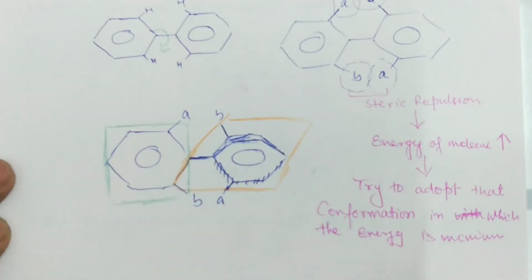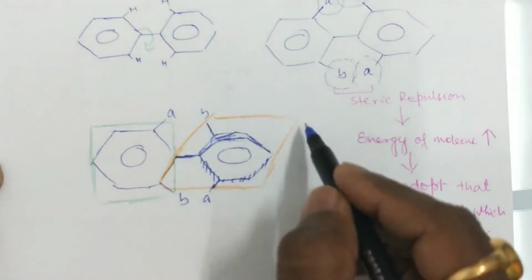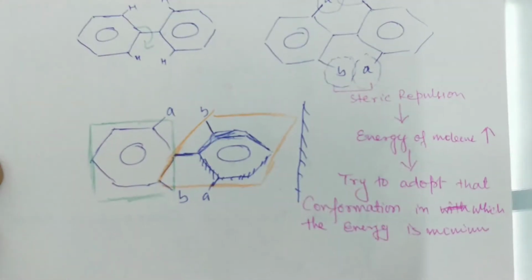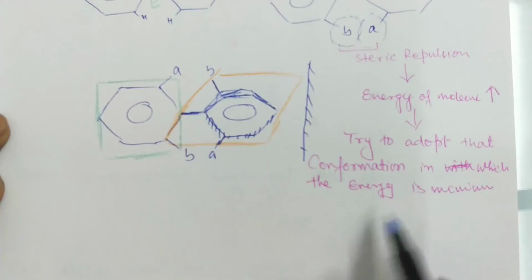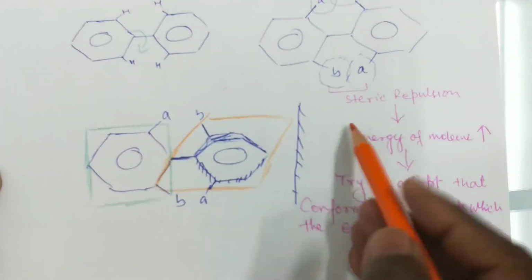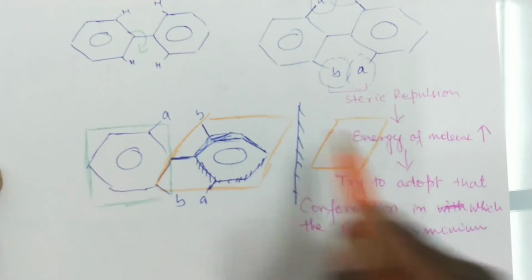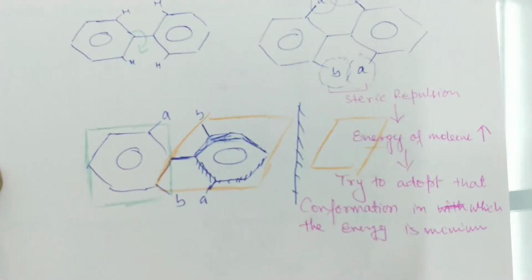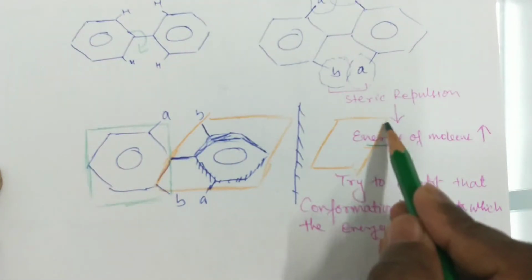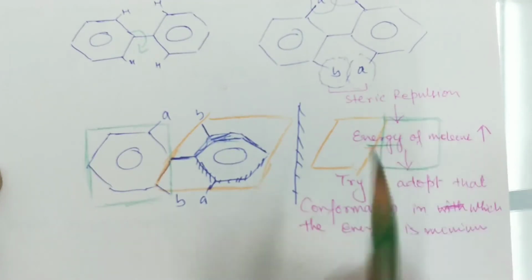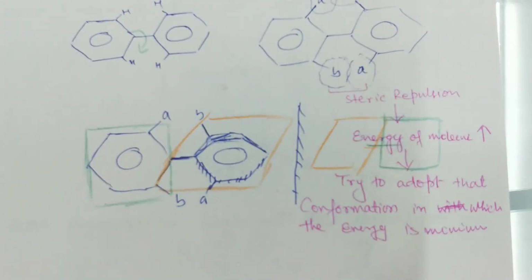Like this. And when you take the mirror image of this, if you put a mirror here, I'm drawing the mirror plane here, this plane will come to this side, and this plane will go to this side, like this, right?